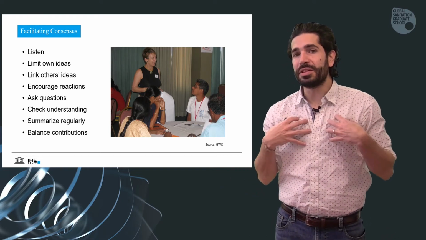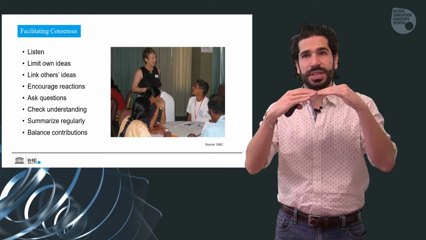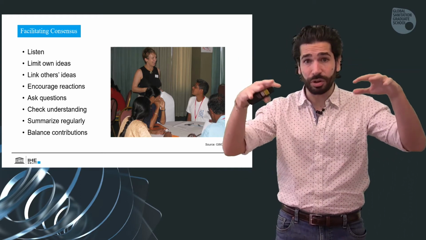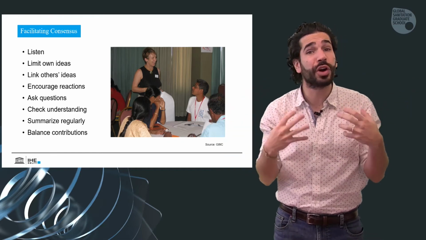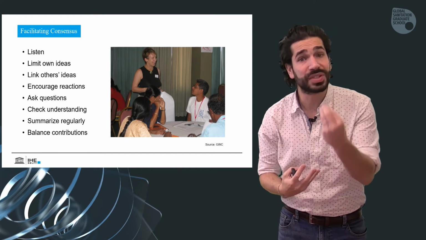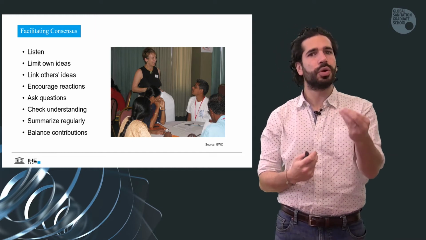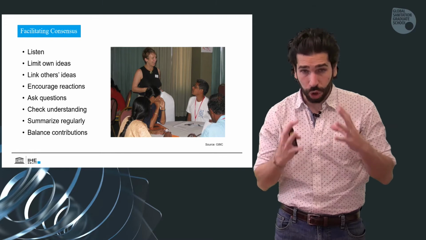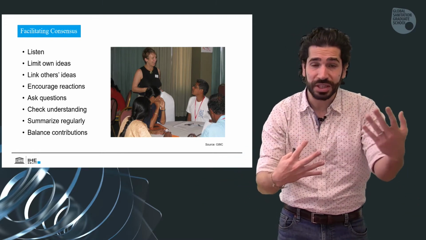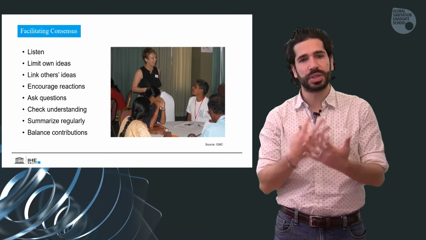However, by nature of being the facilitator, you tend to seem to the participants like you're on a higher level, on a higher command level of the situation. And so your ideas might be perceived in an imbalanced way. So if you're facilitating a process, try to limit your own ideas as much as possible. Your goal, again, is to bring out the ideas of others. And in doing so, as the next point says, to link them, to bring them together.